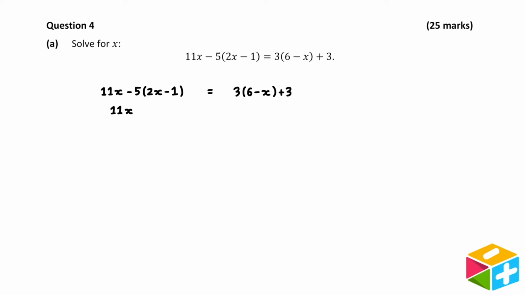Let's start with the one on the left. Minus 5 times 2x is minus 10x, and minus 5 times minus 1 is plus 5. Now for the brackets on the right, 3 times 6 is 18, and 3 times minus x is minus 3x.